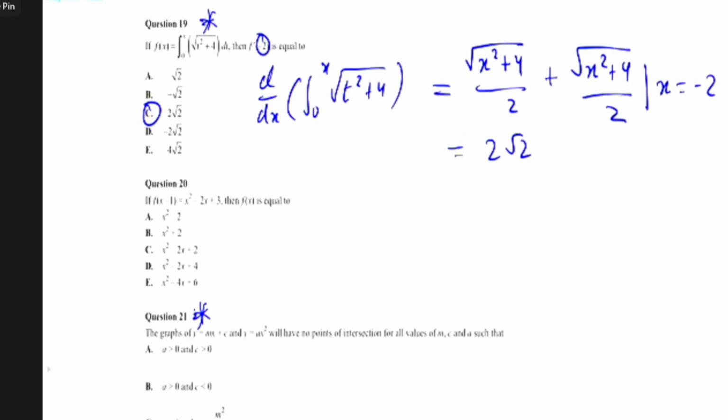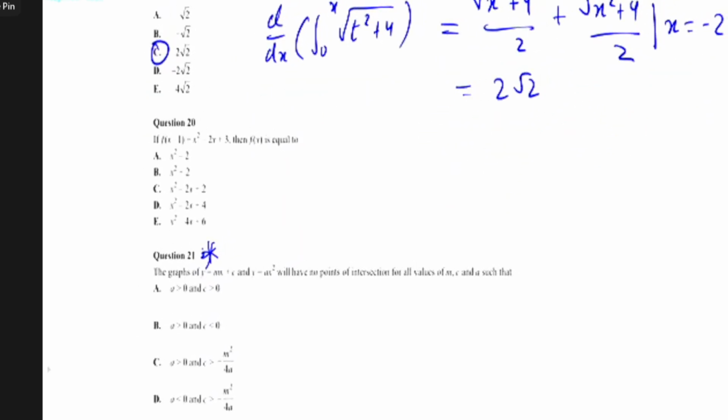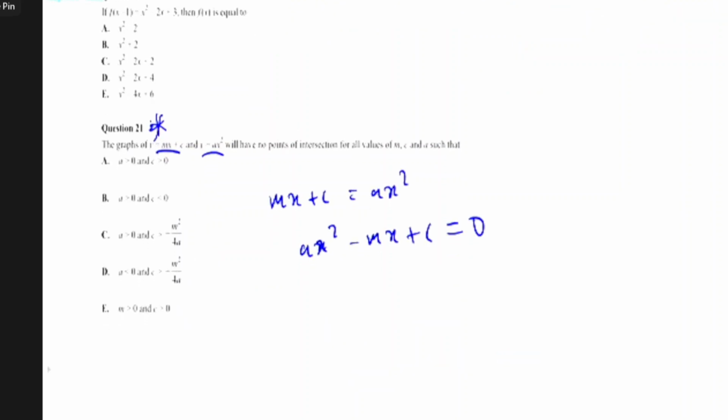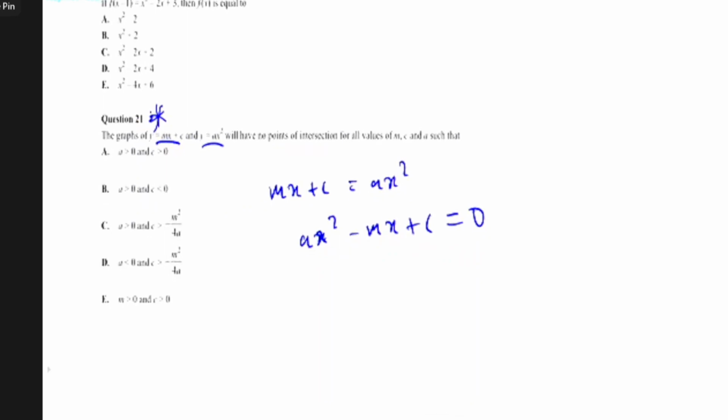Okay, question 21. To find points of intersection, let's just make these two equal to each other. mx plus c is equal to ax squared. So ax squared minus mx plus c is equal to 0. We can recognize that this is a quadratic. So if you want no points of intersection, there should be no solutions to this quadratic, so the discriminant must be less than 0.